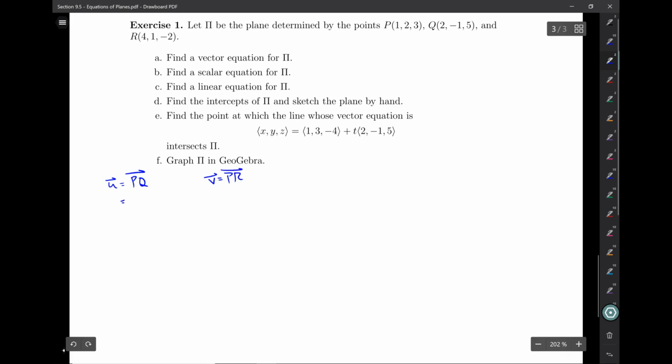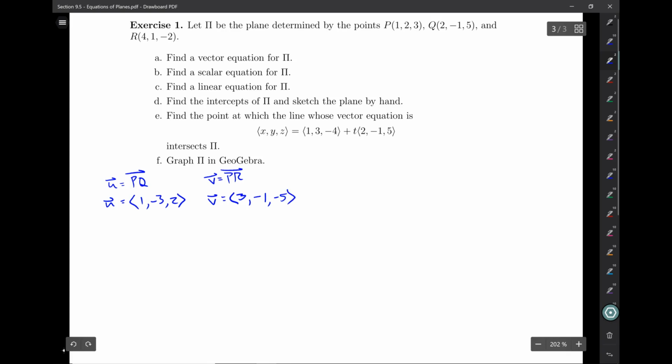Now PQ is going to be the vector taking 2 minus 1, which is 1, -1 minus 2, which is -3, and 5 minus 3, which is 2. So there's our vector U. V is the vector PR, so it's going to have an x component of 4 minus 1, which is 3, 1 minus 2, which is -1, and -2 minus 3, which is -5.